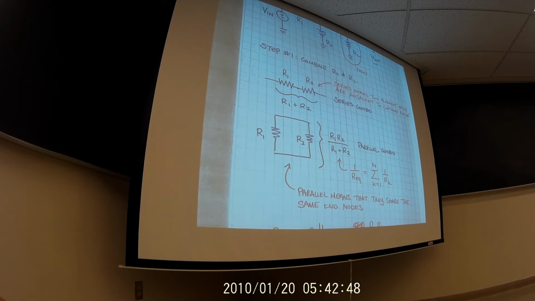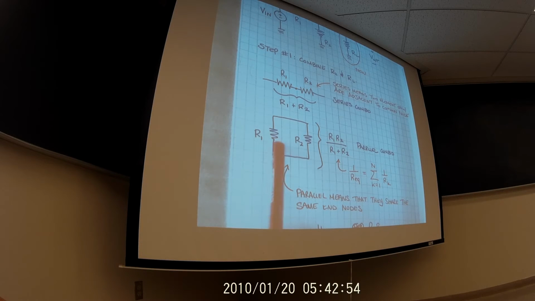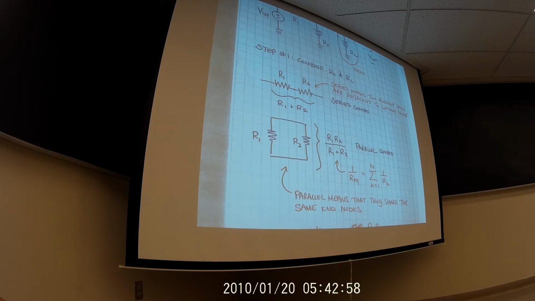So what we know is that the larger the second value is, the less effect it's going to have on the parallel combo. Very small resistances, which is the short circuit, has the ultimate effect of completely changing the resistance, and very large values have the effect of the lesser.